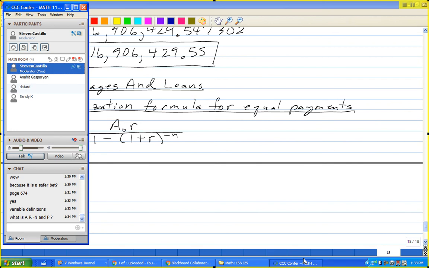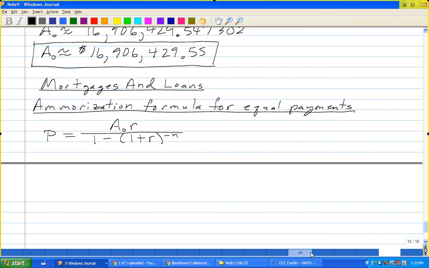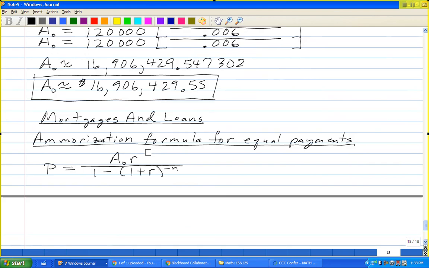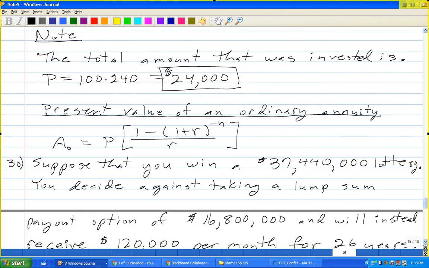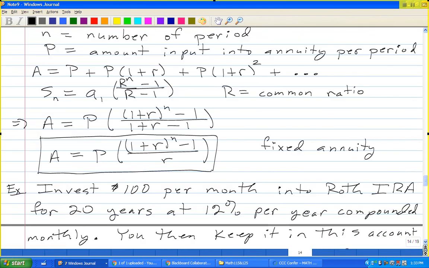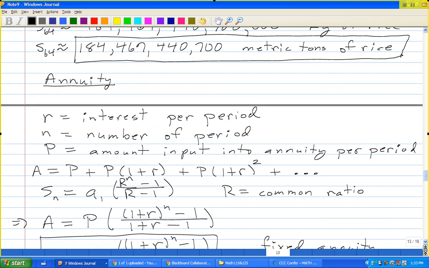What is A? Same as before. These are all the same. R is the interest per period. N is the number of periods.